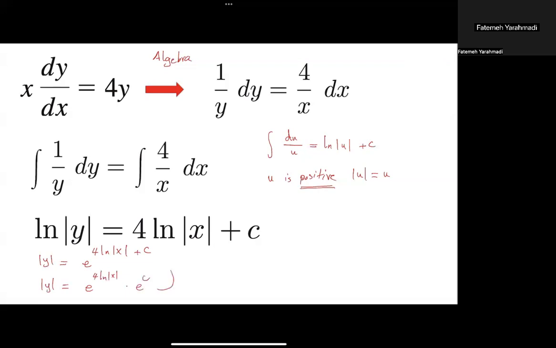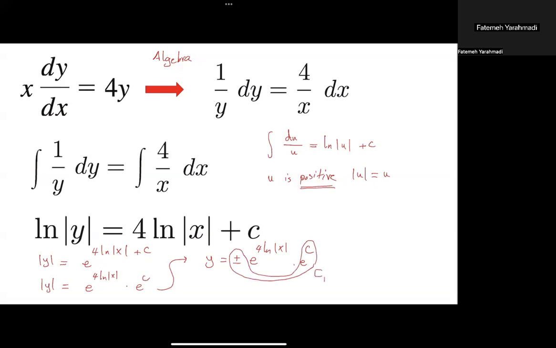What we can do as well is get rid of the absolute value and write y as plus or minus e to the power 4 ln of absolute value of x times e to the power c. But note that plus or minus e to the power c can be relabeled as c1, which is just the new constant.